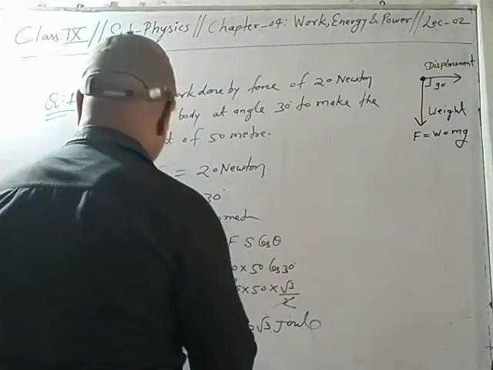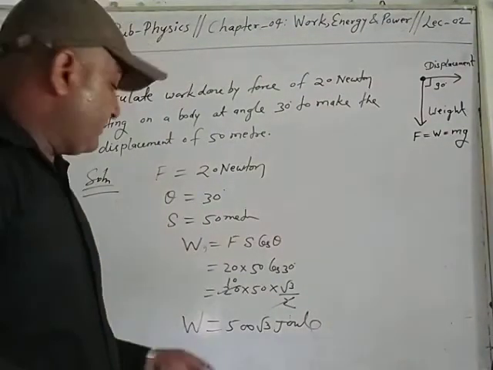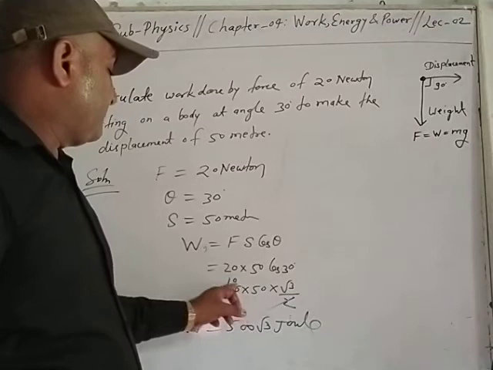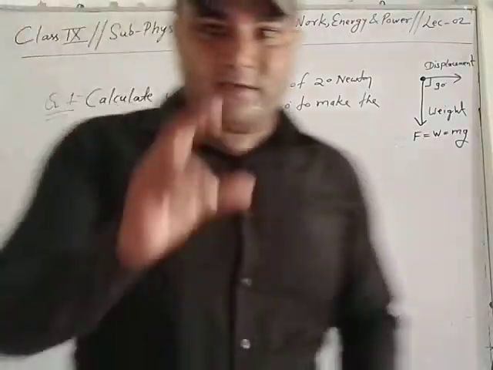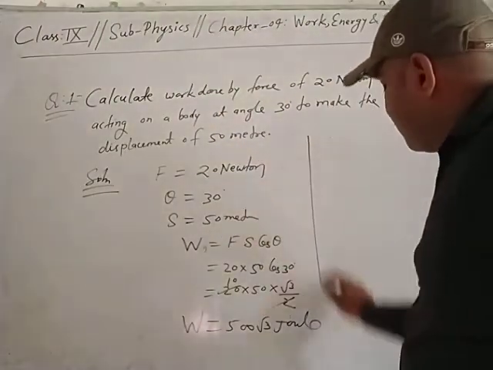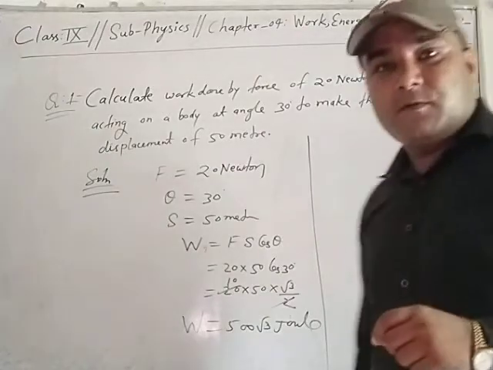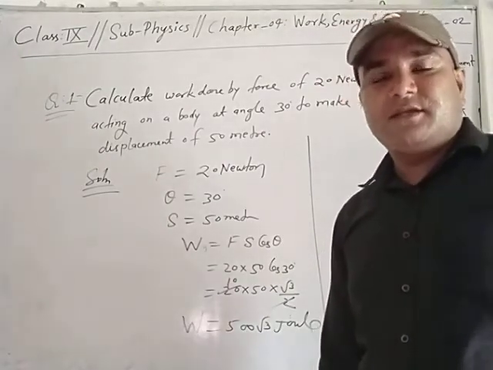This is the concept of work done. Work done is equal to 500 root 3 joule. Whenever the angle is given, the calculation of work done is very easy when the value of the trigonometric function cos is clear.